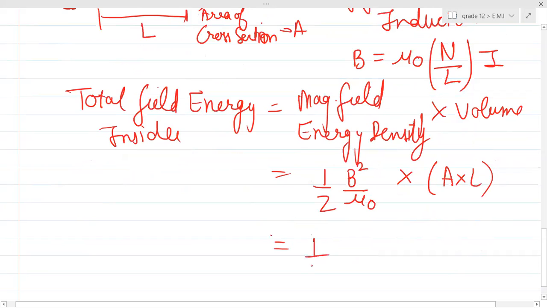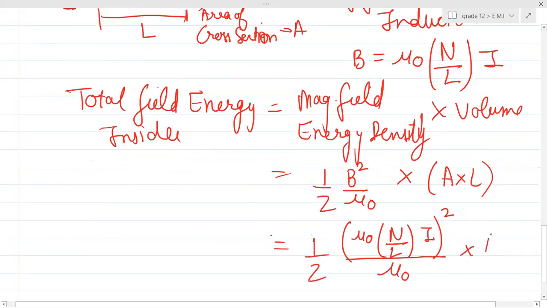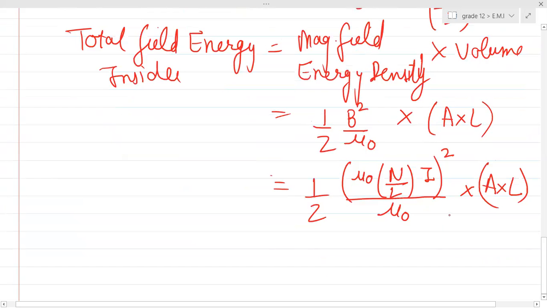The same thing I'm doing, right? So half, what is the magnetic field? Mu naught into N by L into I, whole square, divided by mu naught, into A into L. And when you solve this, you will get half as it is. This mu naught will become square and one mu naught will get cancelled, leaving mu naught here. After that, can you see N square?